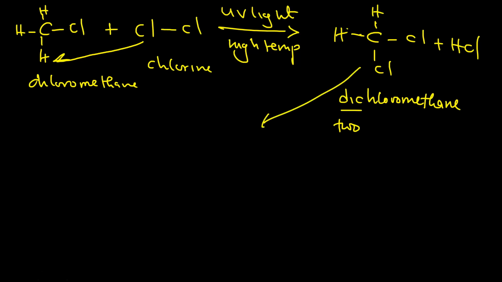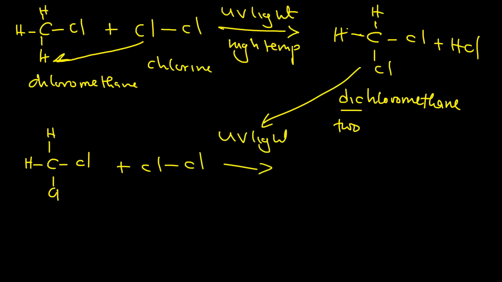Then if this one was to react again, undergo substitution, this time around, chlorine is there, hydrogen there, hydrogen there, so plus chlorine. Okay, still UV light, and of course might be high temperature. So this substitutes that one.